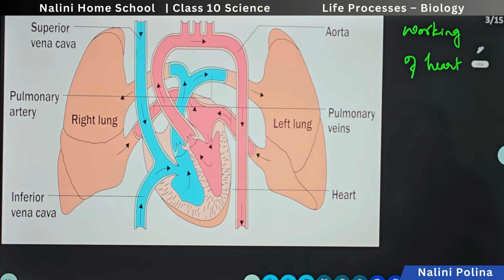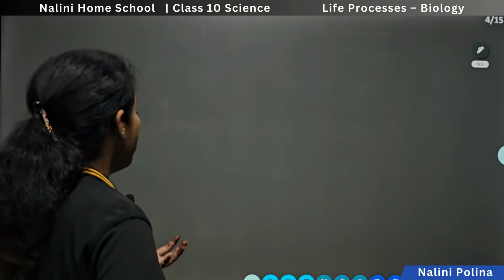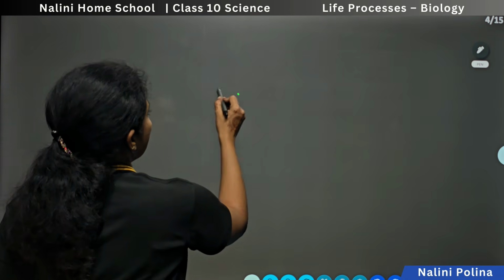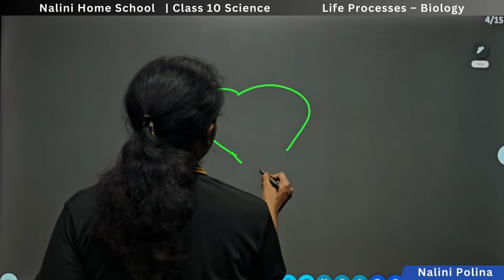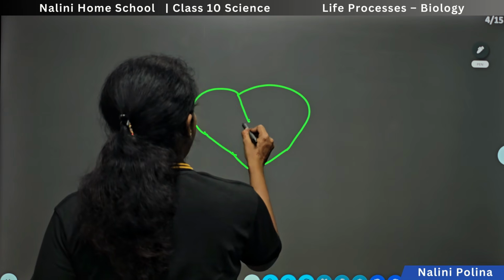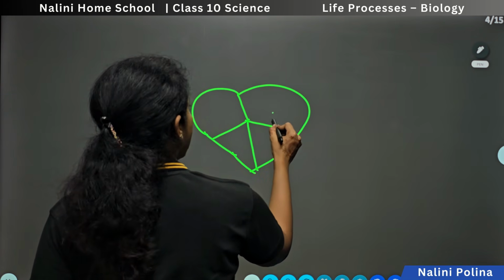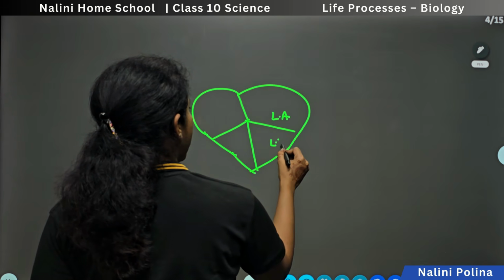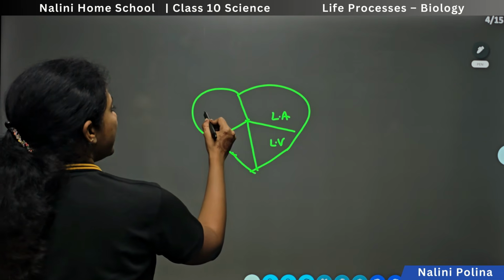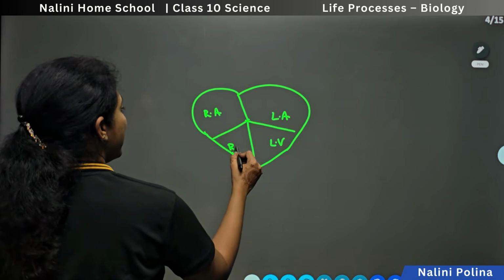Okay guys, so first let me explain with one schematic diagram here. Imagine this is your heart, which has got 4 chambers. This is your left atrium and this is your left ventricle. And this is the right atrium, guys, and this is the right ventricle.